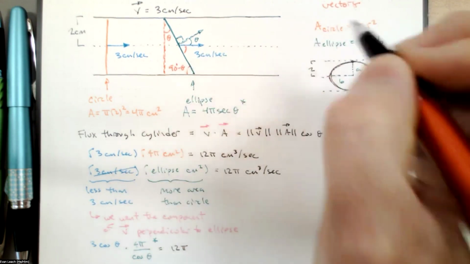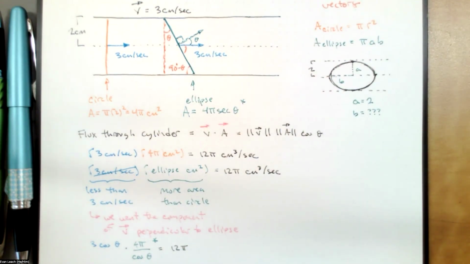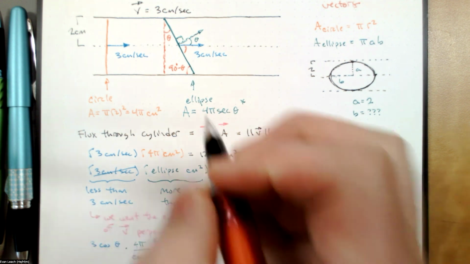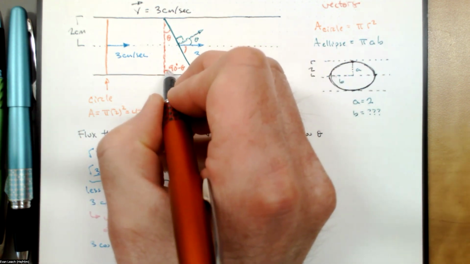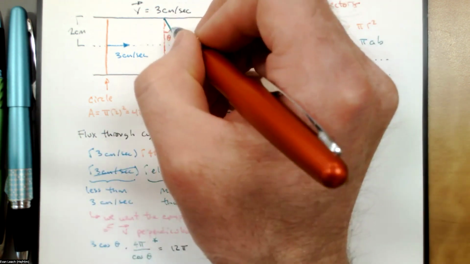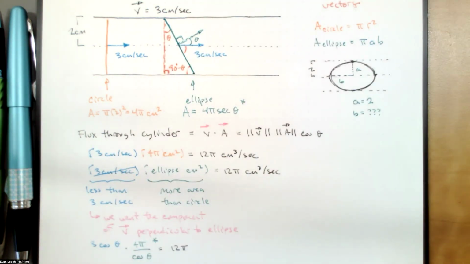So this angle is 90 degrees minus theta. Alternate interior angles, is that what they're called? Been a while since geometry. Alternate interior angles are equal. So if that right triangle has a 90 minus theta angle from alternate interior angles, then this angle up here is where the theta shows up. So that's the theta.